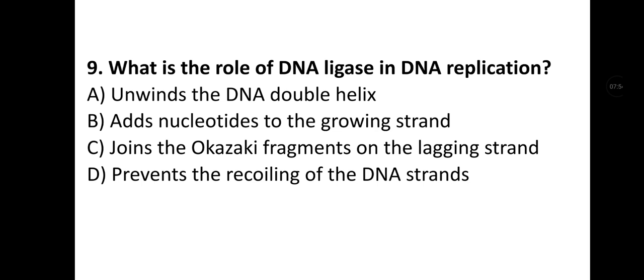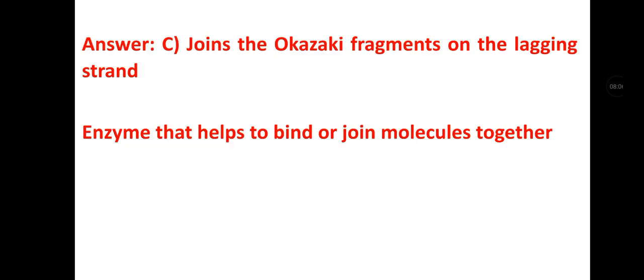Option C, joins the Okazaki fragments on the lagging strand. Option D, prevents the recoiling of the DNA strands. So the answer is option C. Here, it is the enzyme that helps to bind or join molecules together.